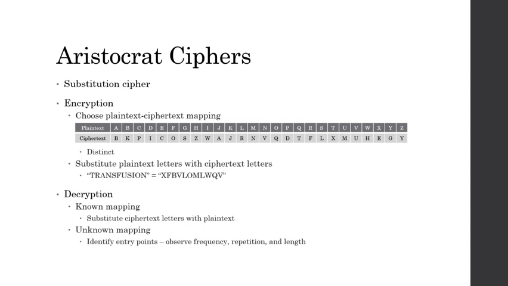We'll talk about this in more detail in a few minutes, but briefly, once you identify these entry points, you can decrypt these ciphertext letters, and then apply those ciphertext to plaintext mappings to the rest of the ciphertext. This will help you look for more entry points and so on and so forth until you have decrypted the entire thing.